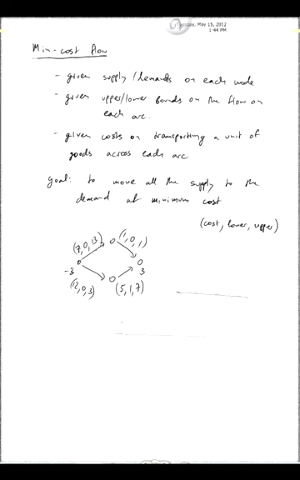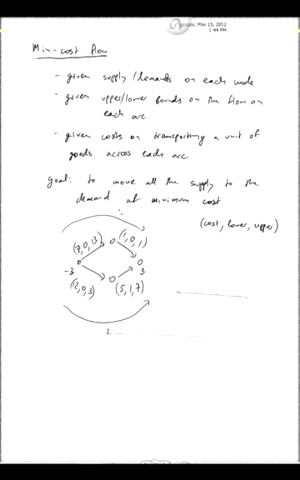So that means we can only ship 1 unit across the northern route, and we have to ship 2 units across the southern route. And we're lucky because these 2 units that we ship on the south also satisfy this lower bound of 1 right here. So the solution here is to send 2 units here and 1 unit across this north route. So that's just one example for picturing min-cost flow.